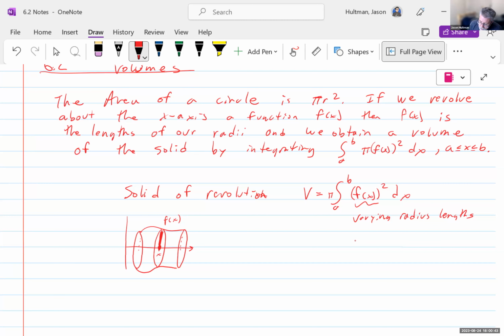So it tells me the radius for that slice, and the volume of that slice is pi r squared. Then I just sum up all of the infinite slices using integration.